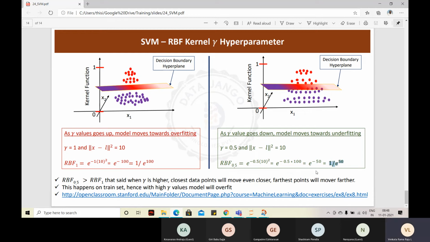Close to 1 means low distance. When you are trying to clearly distinguish on the train set, what might happen? Overfitting. On the train set, overfitting will happen.